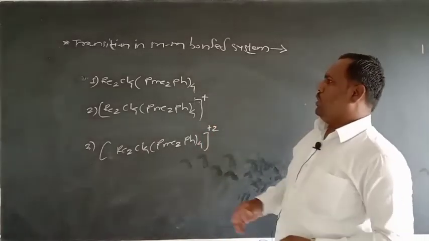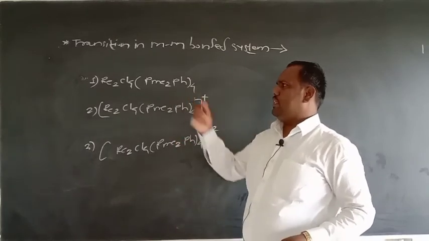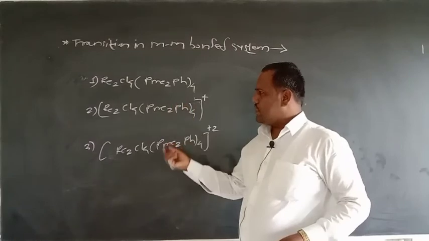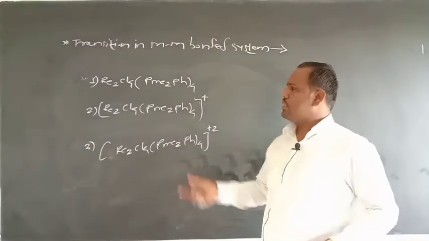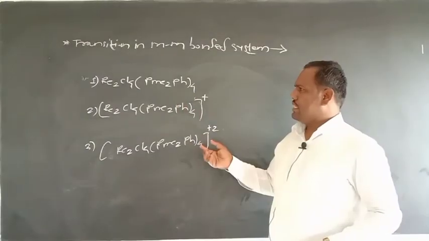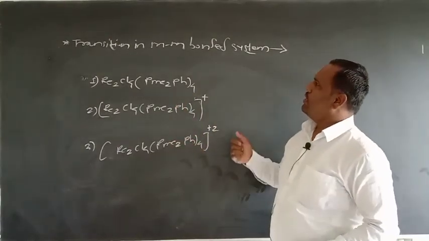You should find out the orbital involved in the bonding, how many metal-metal bonds are in each complex, and the bond order for these complexes. In the next lecture we will discuss the remaining examples regarding the metal-metal bonded systems.